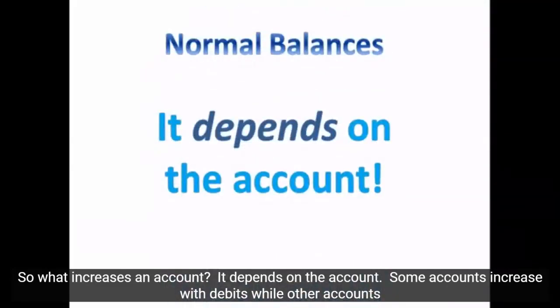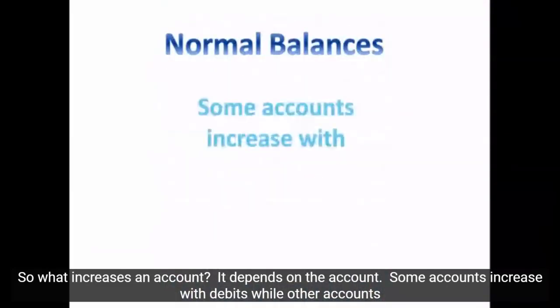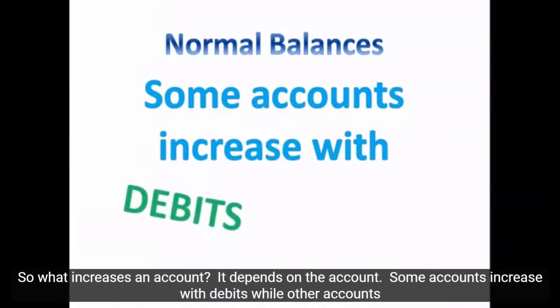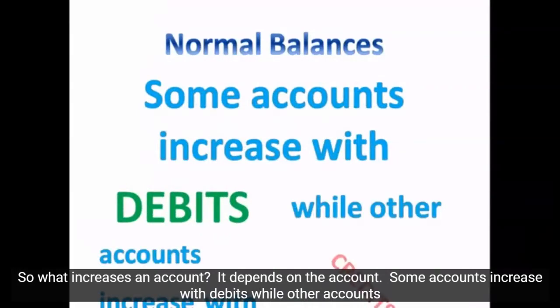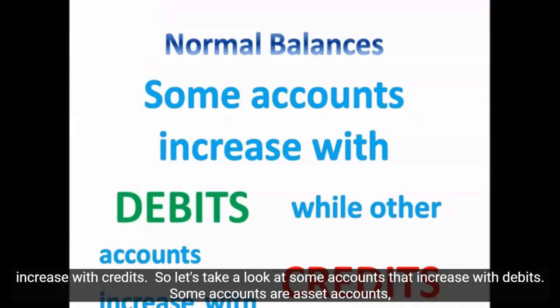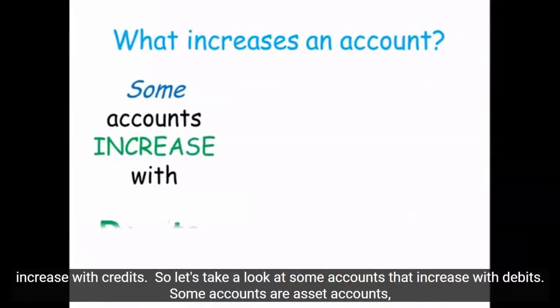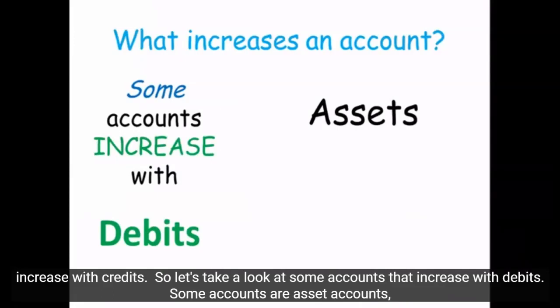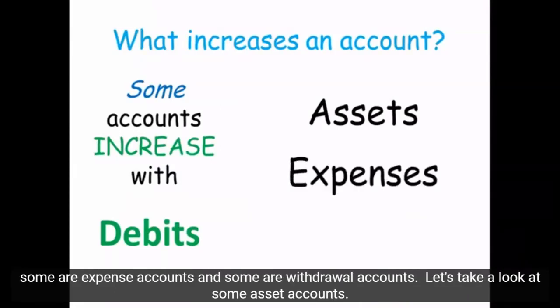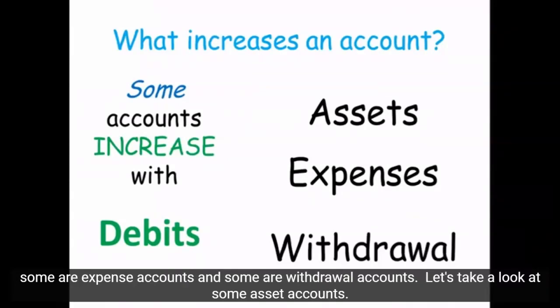It depends on the account. Some accounts increase with debits, while other accounts increase with credits. So let's take a look at some accounts that increase with debits. Some accounts are asset accounts, some are expense accounts, and some are withdrawal accounts.